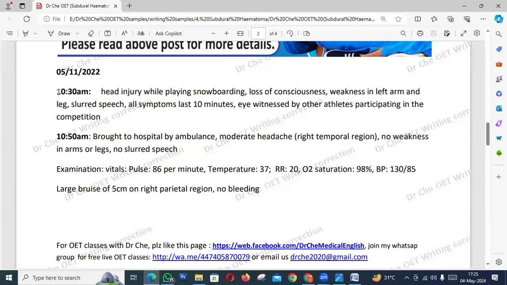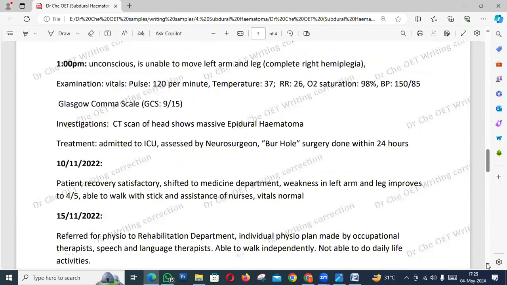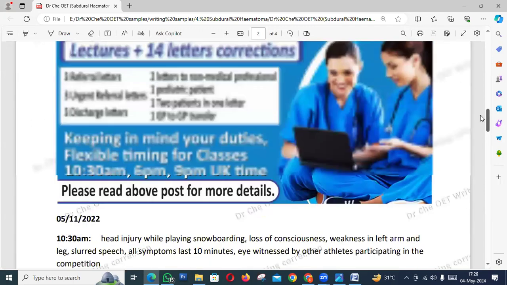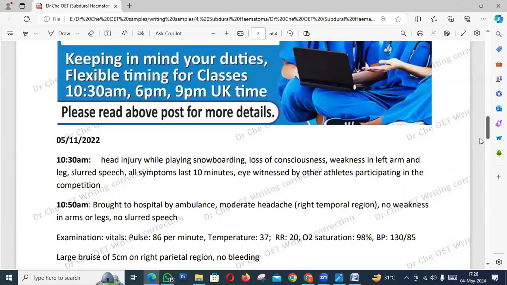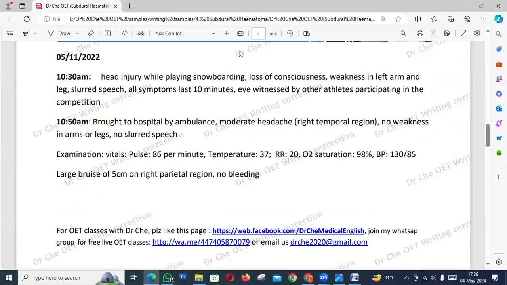The date is given, but apart from that you can see a separation of time: what happened at 10:30 a.m., then what happened at 10:50 a.m., then what happened at 1 p.m. You can see these things in the real exam.